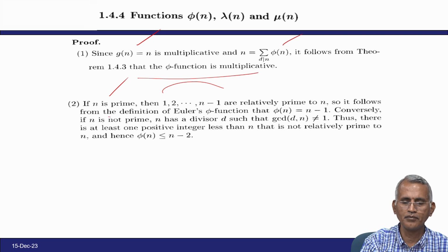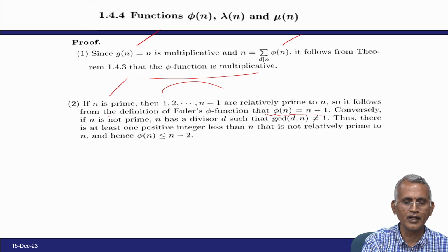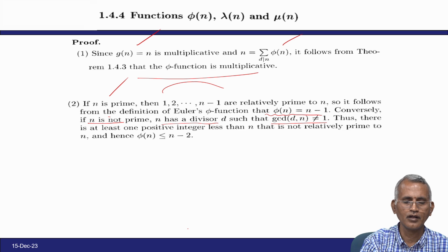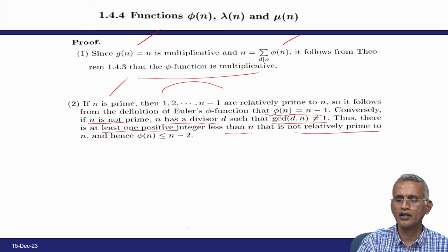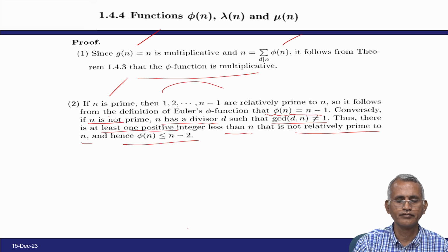So it follows by the definition of the function that phi of n equals n minus 1. Conversely, if n is not a prime, then n has a divisor d such that the greatest common divisor of d and n is not equal to 1. Therefore, at least one of the positive integers less than n is not relatively prime to n, and hence phi of n is less than or equal to n minus 2.